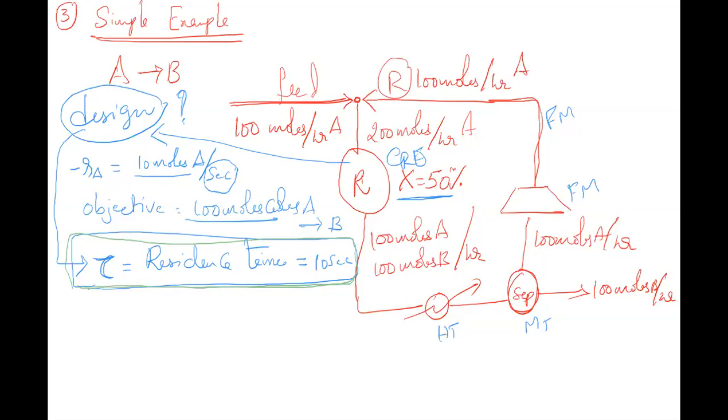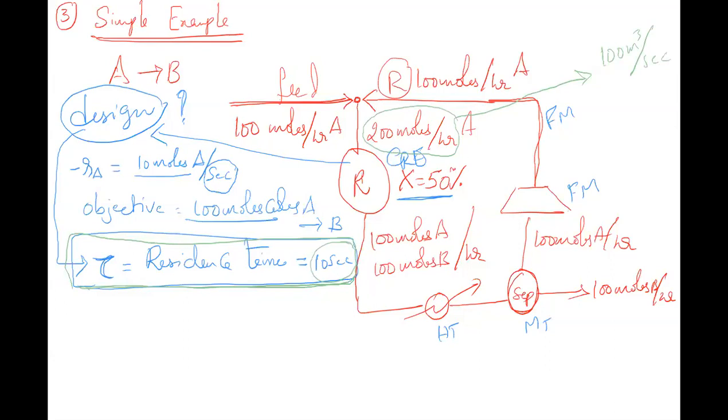Now the next point: I'm talking about the volume of the reactor. I need to hold these molecules for 10 seconds. If I take these 200 molecules of A and convert them into a volumetric flow rate, let's say 100 meter cube per second. How do you convert moles per hour to volumetric flow rate? Divide by the density.